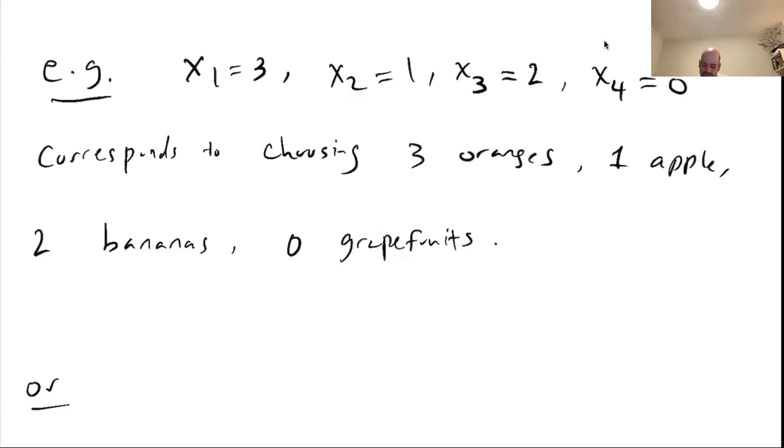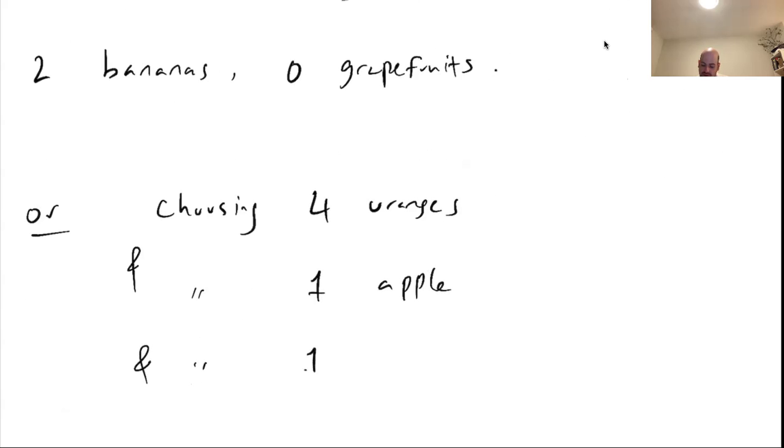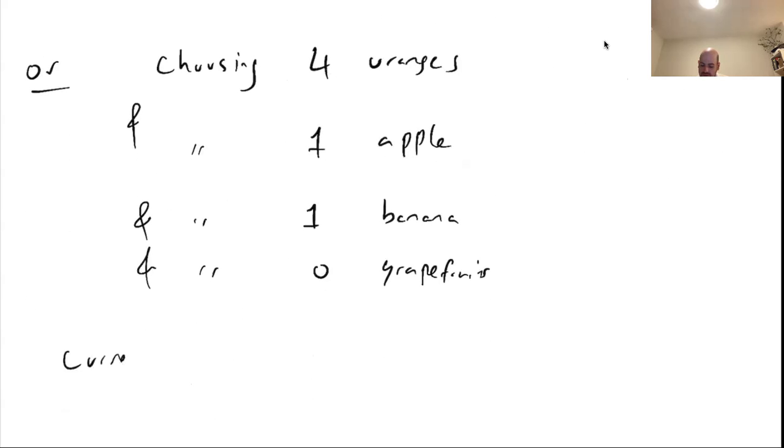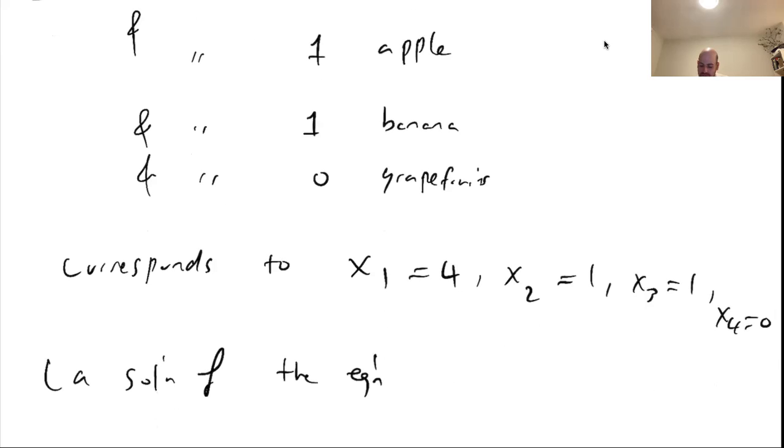So for example, choosing 4 oranges, let's say 1 apple, choosing 1 banana, choosing 0 grapefruit corresponds to x1 equals 4, x2 equals 1, x3 equals 1, x4 equals 0, which is a solution of the equation x1 plus x2 plus x3 plus x4 equals 6.